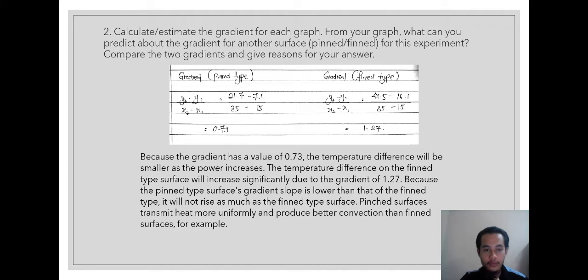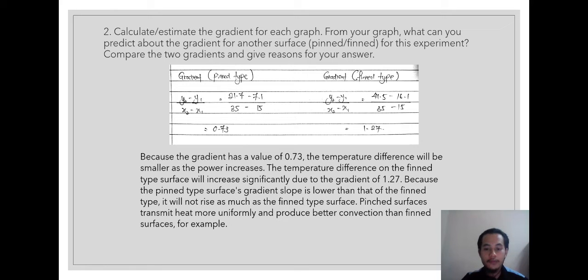Question number 2. Calculate or estimate the gradient for each graph. For your graph, what can you predict about the gradient for another surface, pin or fin, for this experiment? Compare the two gradients and give a reason for your answer. Our group got a gradient for pin type of 0.73 and fin type of 1.27. Because the gradient has a value of 0.73, the temperature difference will be smaller as the power increases.